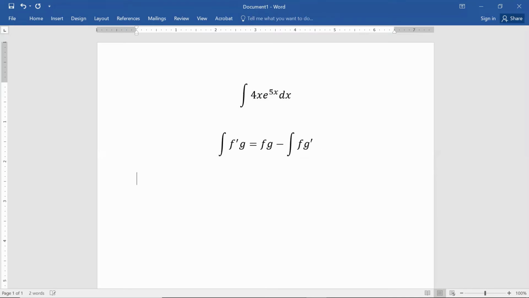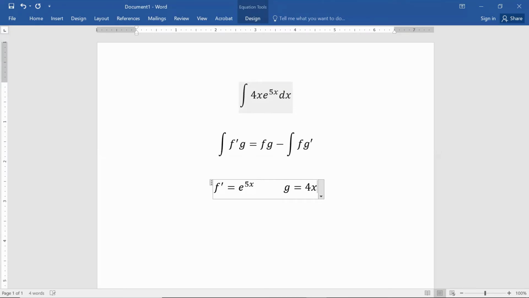Because this is the polynomial times exponential function, what I want to do is call f prime e to the 5x. Then call g the polynomial. In this case, that's 4x.